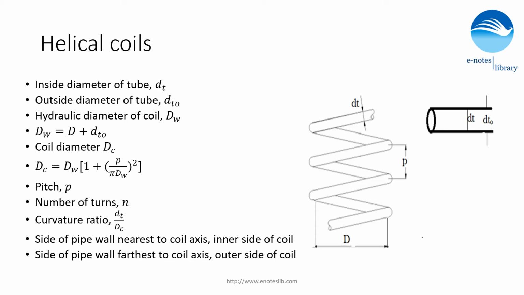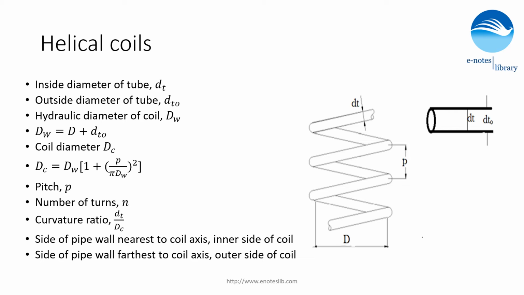Next is the coil diameter, which is represented by dc, and dc is calculated with this formula, where p is the pitch, which is the center to center distance between the tubes. Now the number of turns is given by n. Here we can see there are 3 turns: 1, 2 and 3, or we can count from here also 1, 2 and 3.